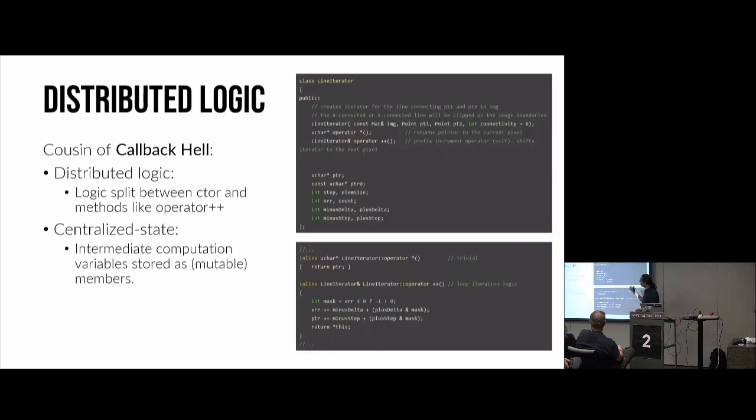So the problem of distributed logic is kind of a cousin of callback hell. Because if we look at the implementation of this line iterator, which we see on the top, this is just the same code I showed before, and a few of the method implementations, we can see that the dereference operator is trivial. It just returns the value of this member, the pointer, and the increment operator does some kind of computation.